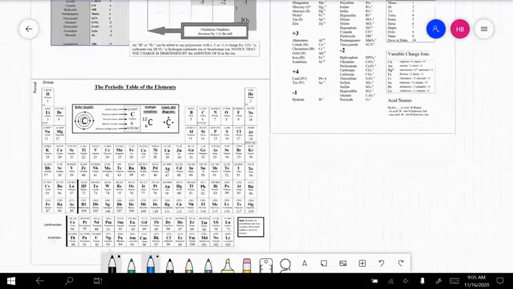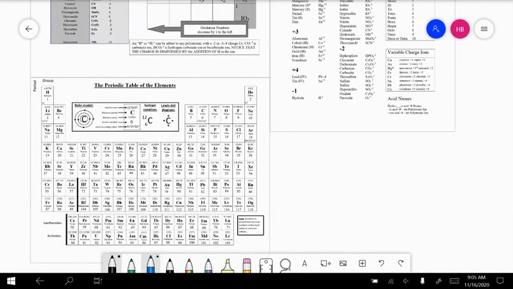And this is the periodic table of the elements. So let's take a look at the separation between metals and nonmetals, which is like such. There's our stair step.